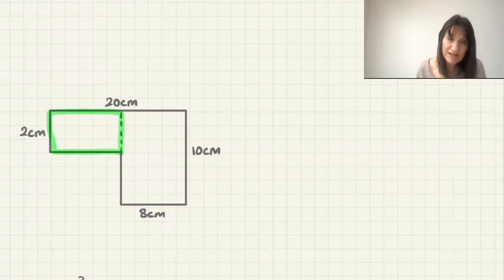And I wouldn't be ready to go on finding the area because this edge here is missing. The 20 stretches all the way across. So whilst it's really tempting to use the 20, we're not going to. We've got a missing edge here.